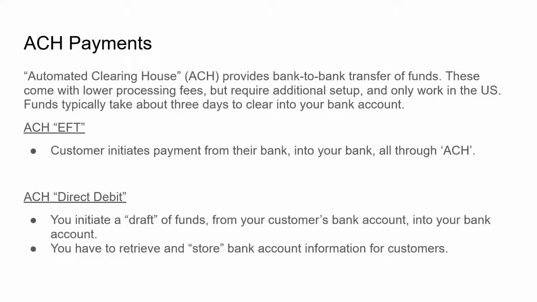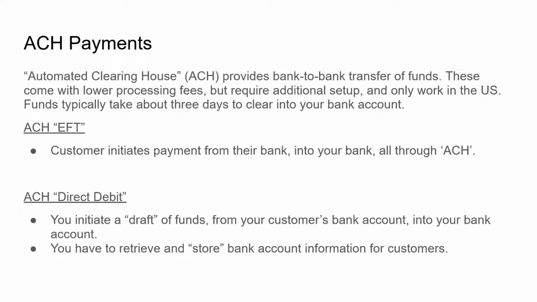But there is a different type of bank ACH transaction, which is called direct debit. Direct debit is where you, the company, pull money directly from your customer's bank account and drop it into your bank account. So you don't use a credit card as an instrument to do that. It's not a wire.